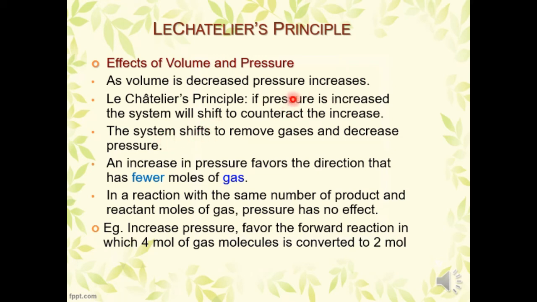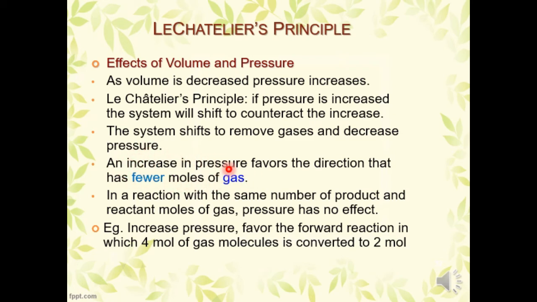So if pressure is increased, the system will shift to remove gas to decrease the increased pressure. An increase in pressure normally favors the direction that has fewer moles of gas.